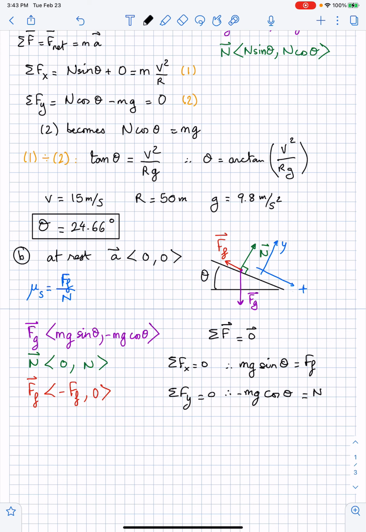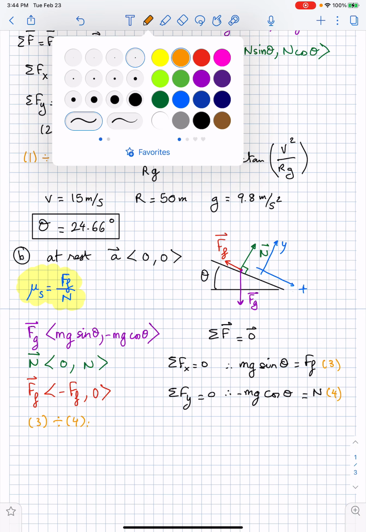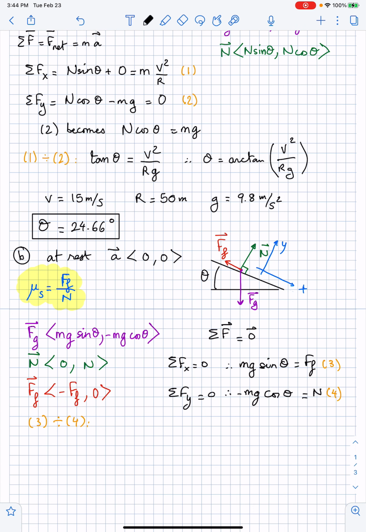Okay. Now, if you look at the formula for the coefficient of friction, we see that it's the ratio of those two. So if I call this equation 3 and this equation number 4, dividing 3 by 4 will yield this answer, mg sin theta over negative mg cosine theta.